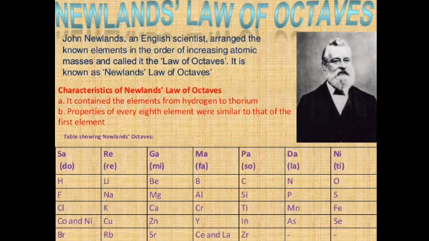He found that every 8th element had properties similar to that of the first element. He compared this to the octaves found in music, and as such he called it the law of octaves, and it was known as Newland's law of octaves.